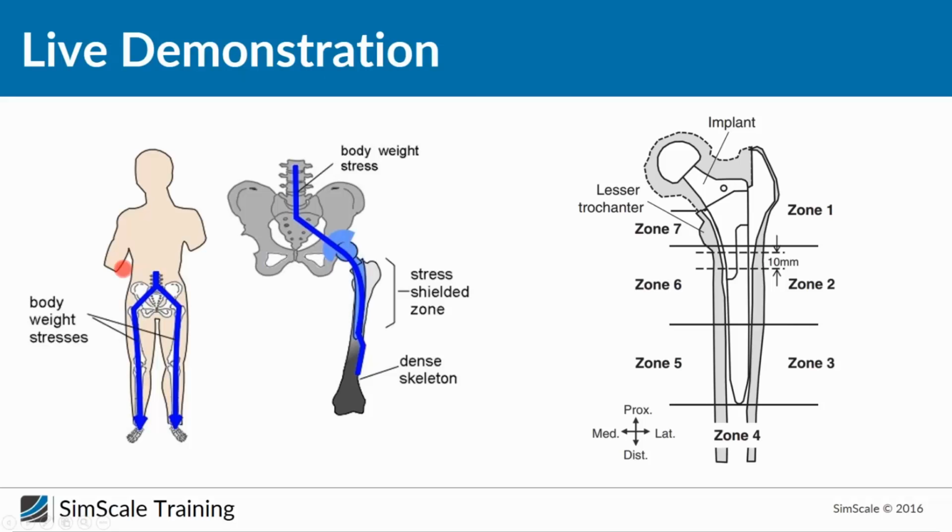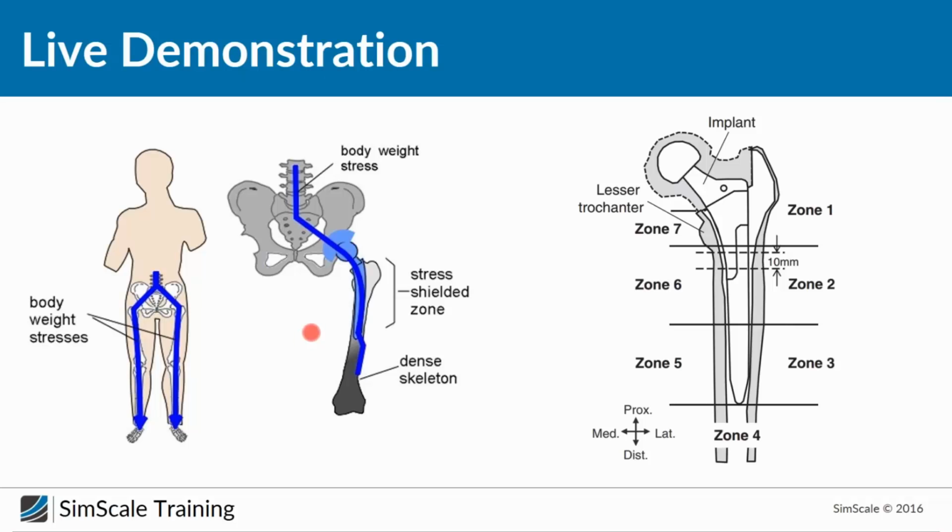And this effect of Wolff, which I told you about on the last slide, which is saying that trabeculae are orientating in the direction of principal stress, has a very big impact on the structure of the femur bone. And what is happening now is, when you have a different material mix in your hip joint because you're using an implant, then the implant, when it's made for example out of steel, is much stiffer than the bone.